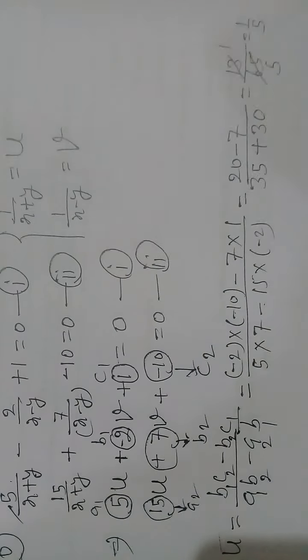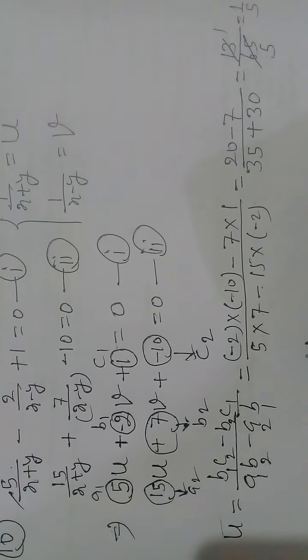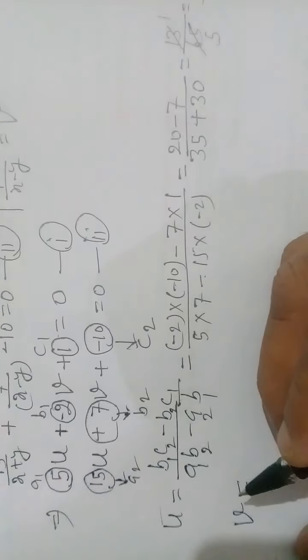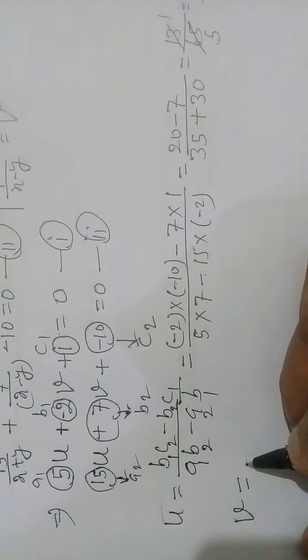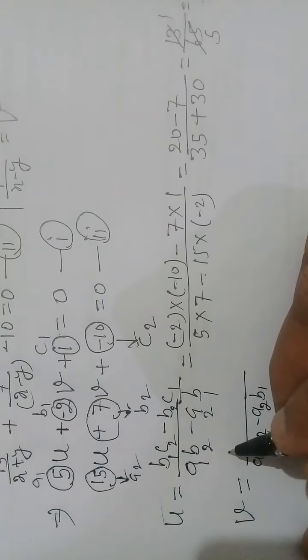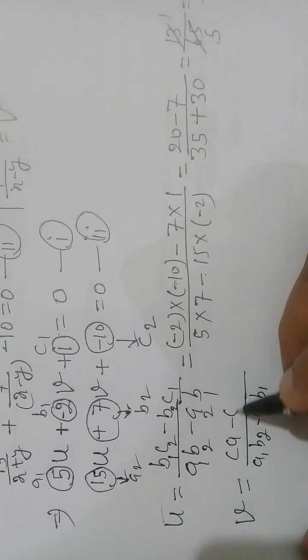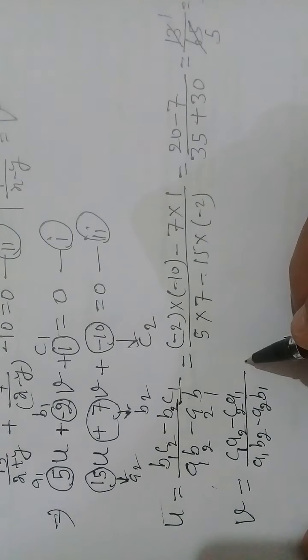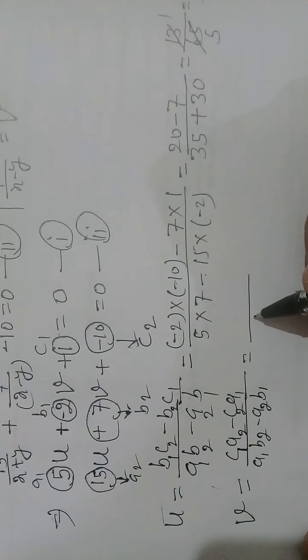Next, v is equal to (C1A2 minus C2A1) over (A1B2 minus A2B1). Here the denominators are equal, so in the denominator we will get 65.